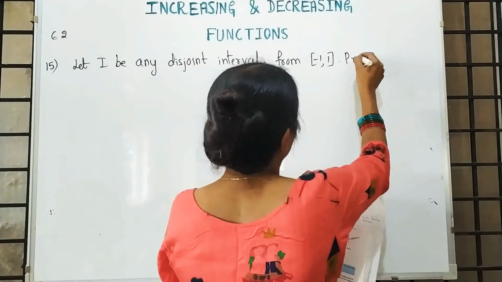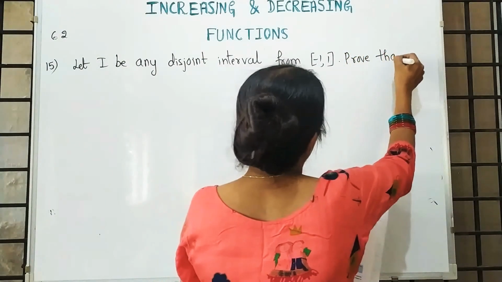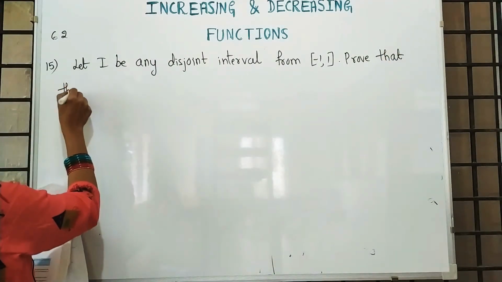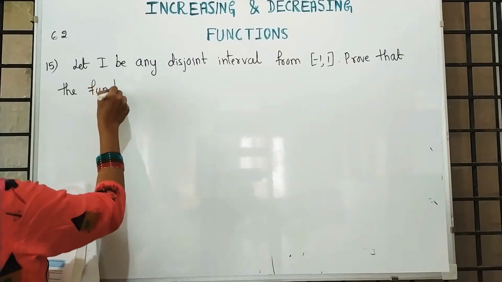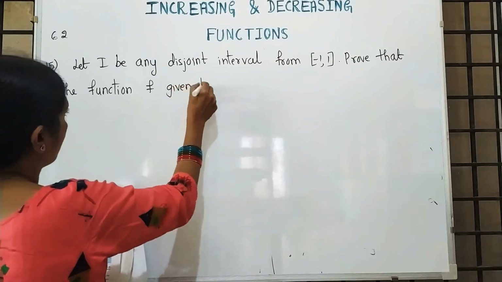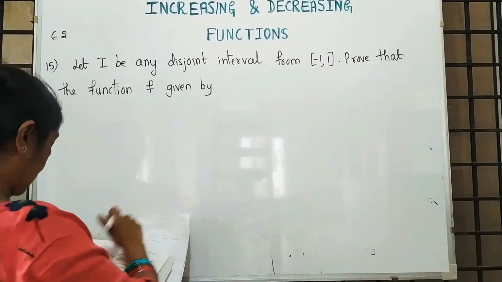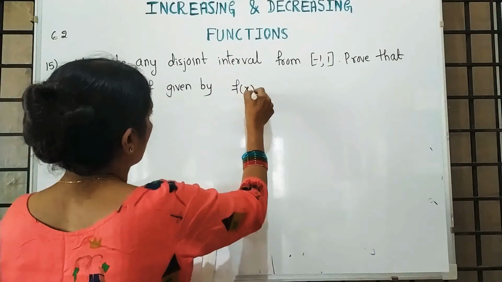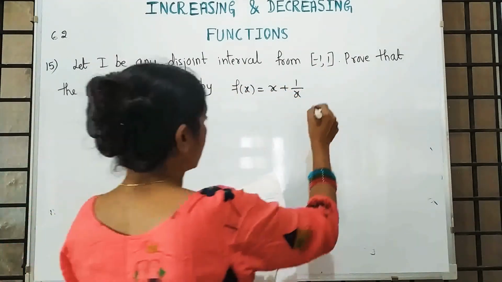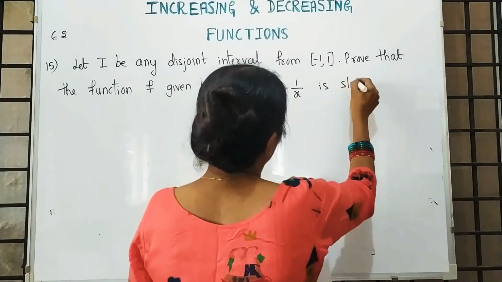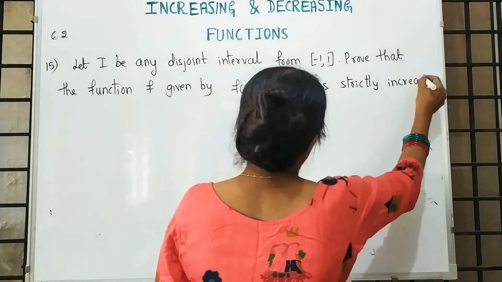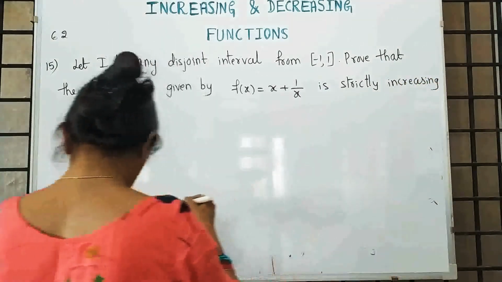Prove that the function f given by f of x is equal to x plus 1 by x is strictly increasing on I.